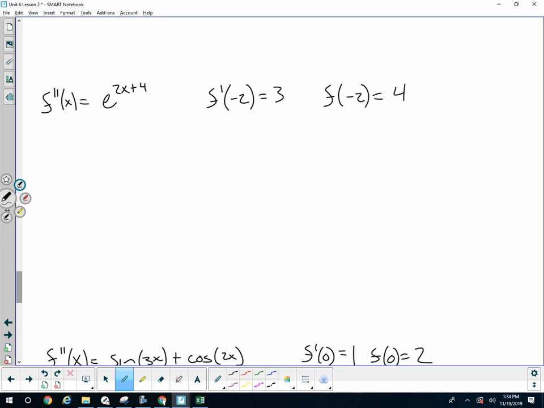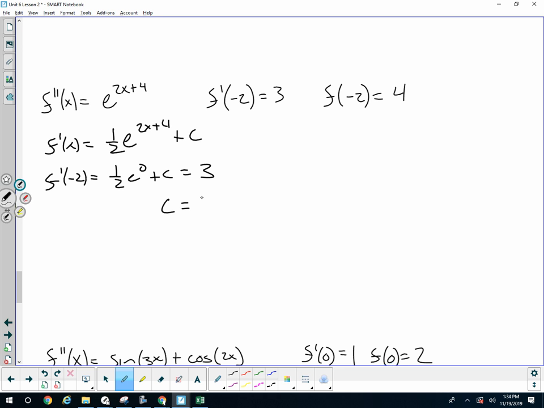This is a second order. This is F double prime. So we've got to go to F prime, and then we've got to go to F. I need a 1/2. I get my first C is 5/2.